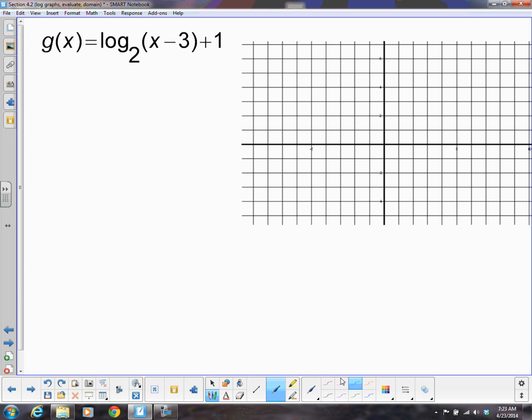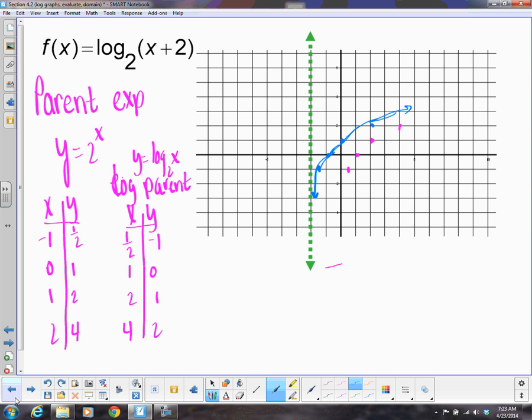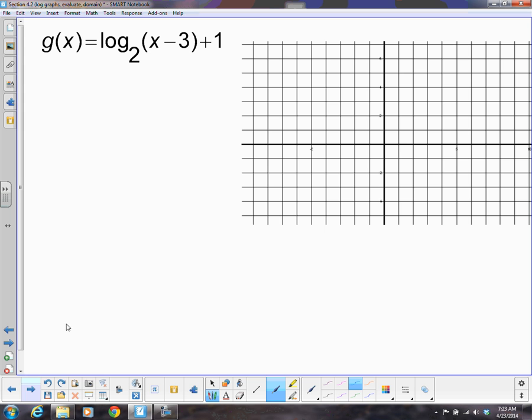What's this parent? No, we just use this table to get our log table. Okay, so again, we're at y equals 2 to the x. If they kept it all the same, then you only have to do the exponential table once, right? 0, 1, 2. We said this was a half, 1, 2, 4.